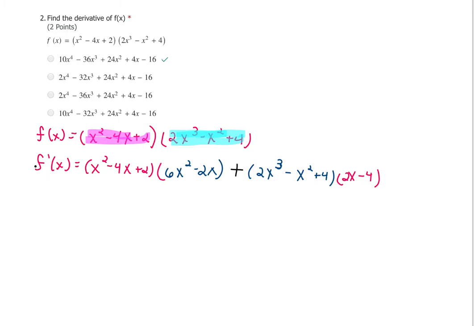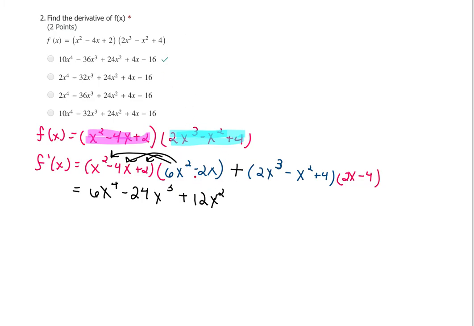And so then we're going to do distributive property here. So I'm going to take this 6x squared and I'm going to distribute to each of the terms in this first trinomial. And so when I do that, I'm going to get 6x to the fourth minus 24x cubed plus 12x squared.